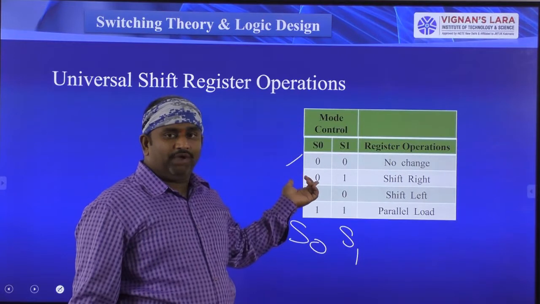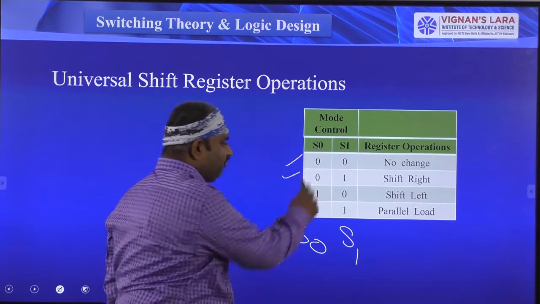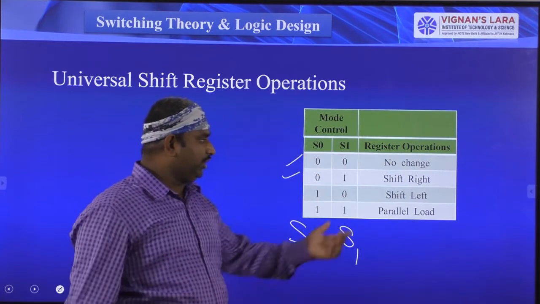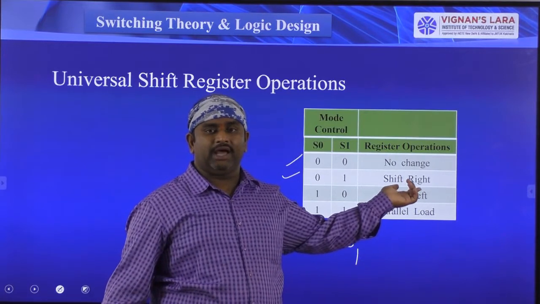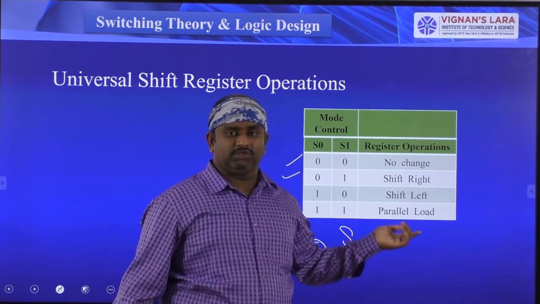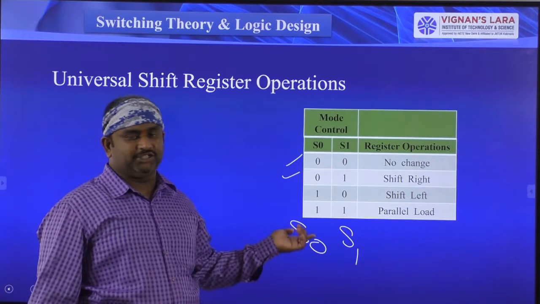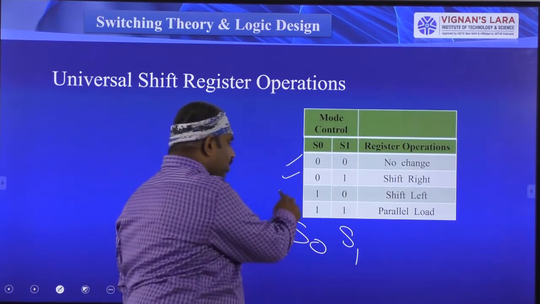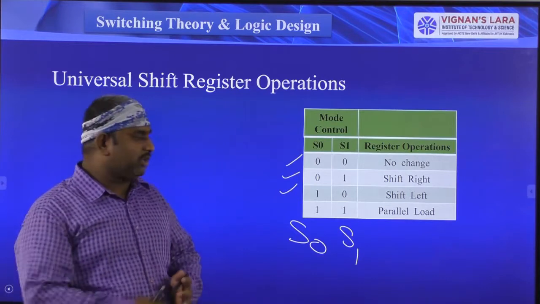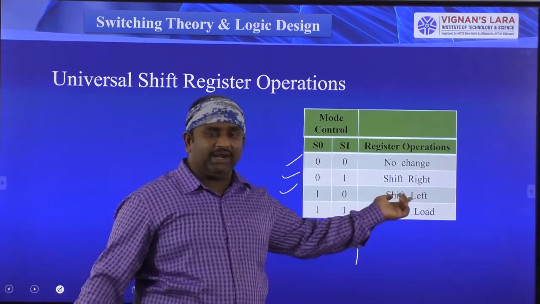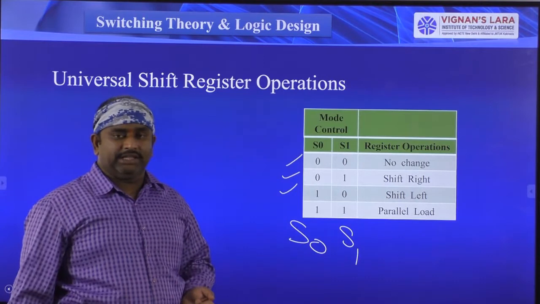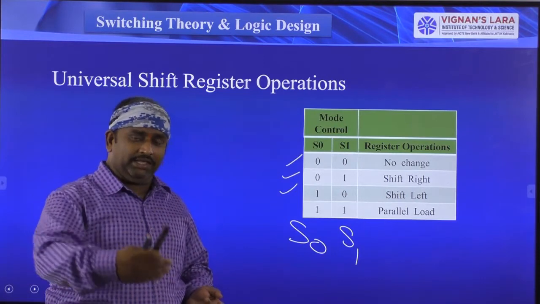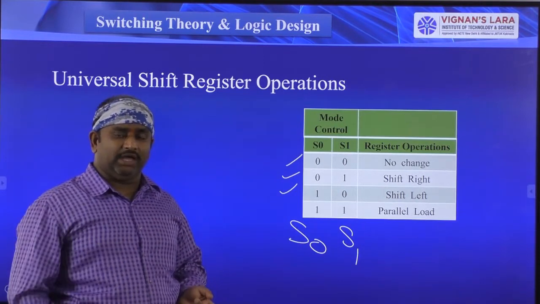Next, when you select the 0, 1 configuration, you have to enter the data in the shift right direction. So it should act as a shift right register. Next, coming to the 1, 0 configuration, when S0, S1 values are 1, 0, then the shift left data, that is you have to enter the data on the left side of the register.